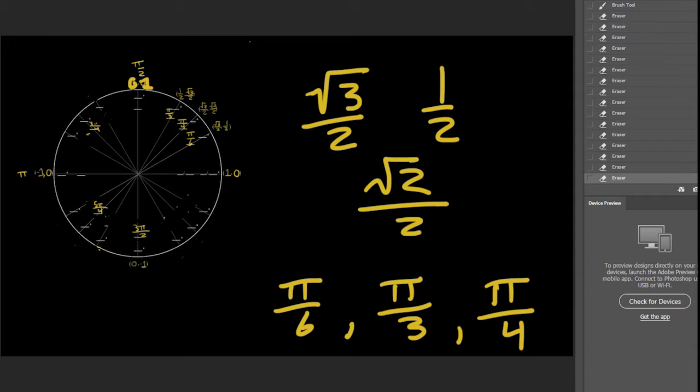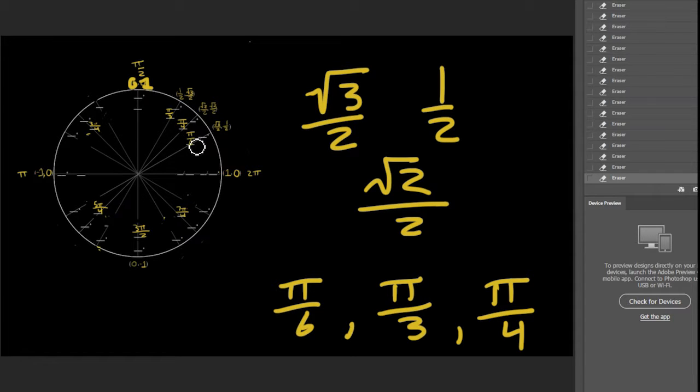And then you get down here, that becomes 7 pi over 4. And then you go down here, and that becomes 8 pi over 4, which goes down to 2 pi.